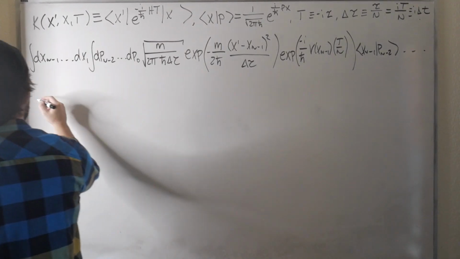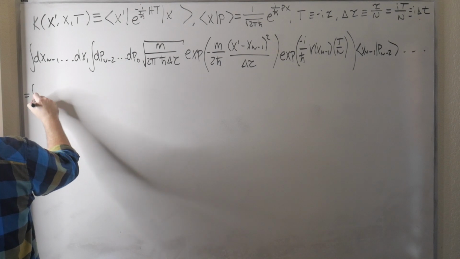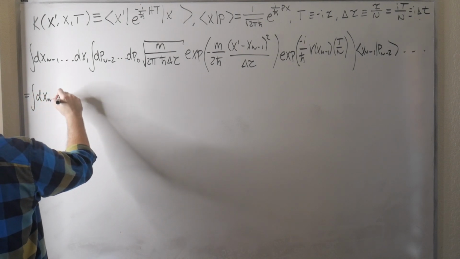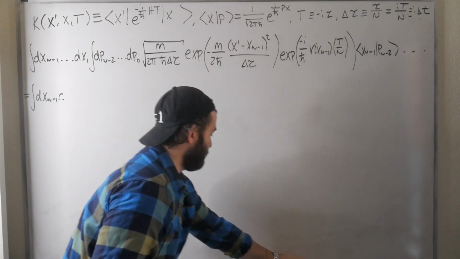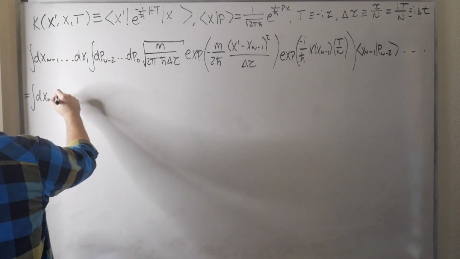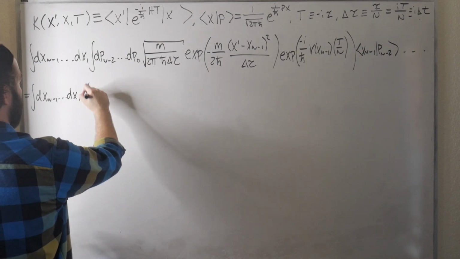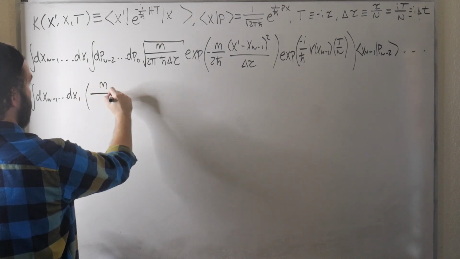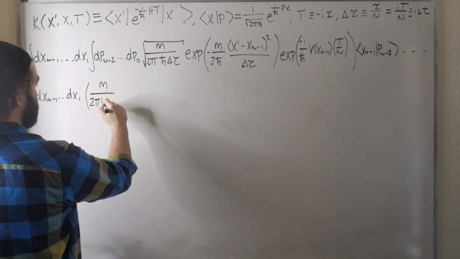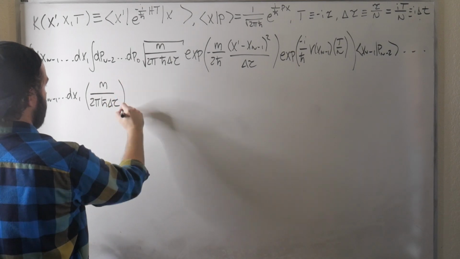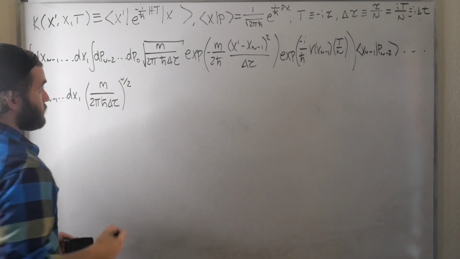Okay, so this is equal to the integral dx n minus 1 dot dot dot dx1, and then we have an m over 2 pi h bar delta tau to the n halves.